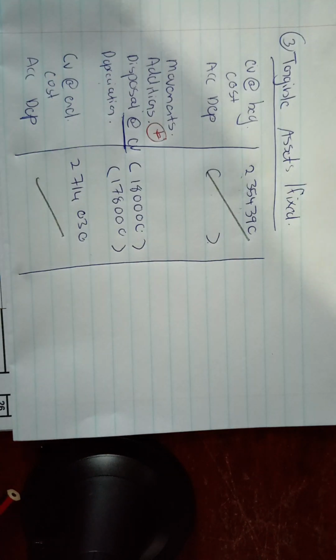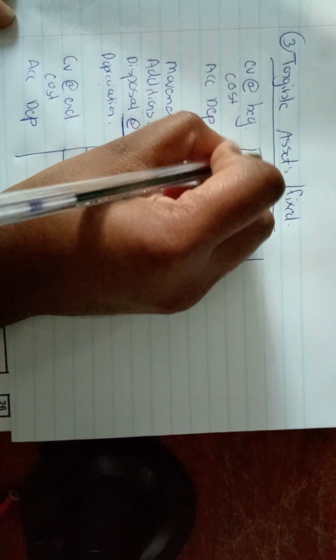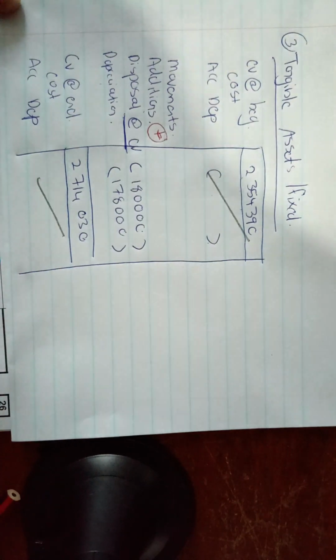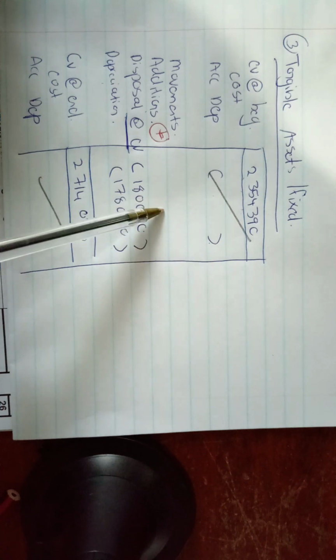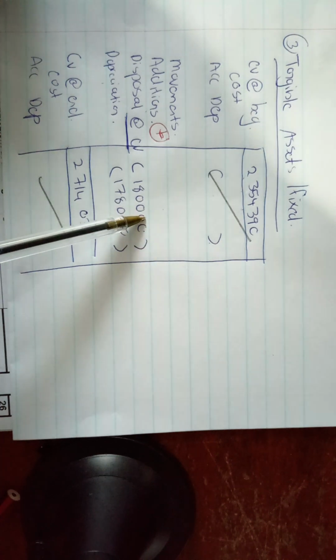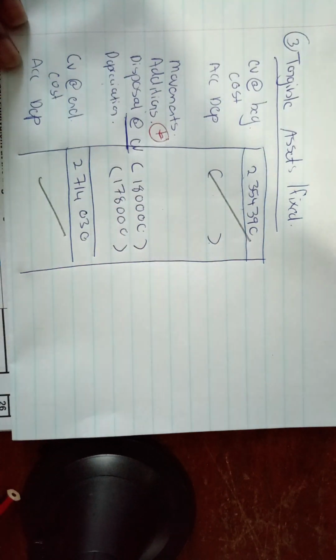Now, let's just wait for it to get in focus. I'm very sorry about this. Okay, if I have filled in all of this information, it is very easy for me to work out the missing information. Sometimes they will give us the additions and they won't give us the disposal, right? All you have to do is fill in this format.